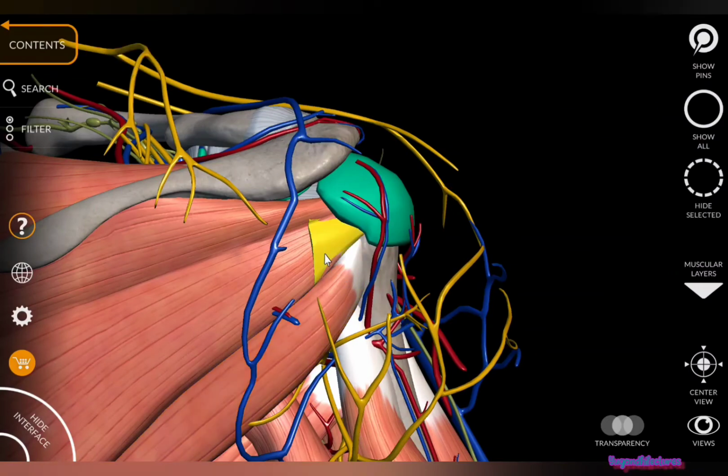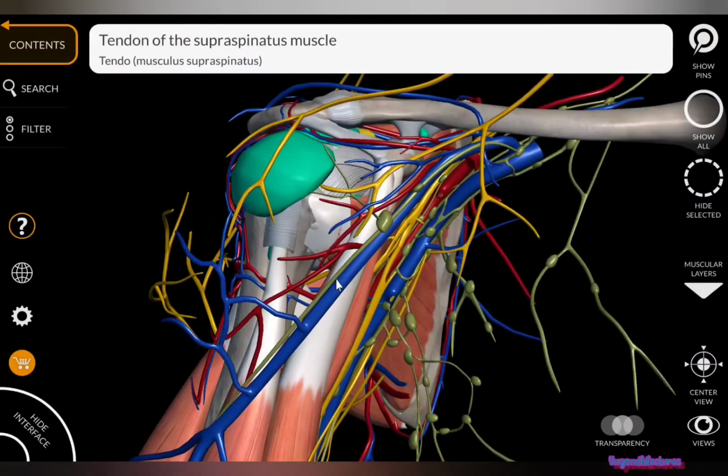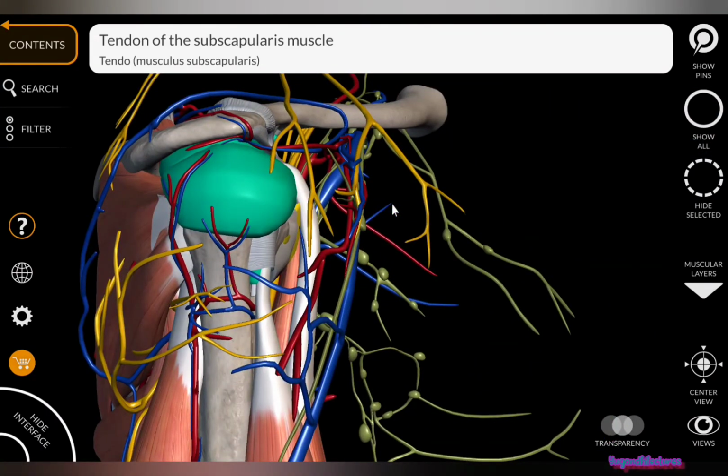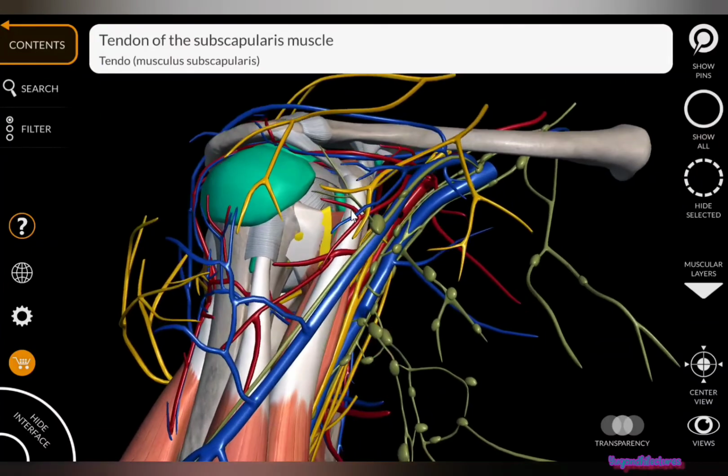This is the tendon of infraspinatus, and this is the tendon of supraspinatus, and here is the tendon of subscapularis muscle. So all these tendons lie under the cover of deltoid muscle, right? So the tendons of the rotator cuff, they lie under the cover of deltoid muscle.